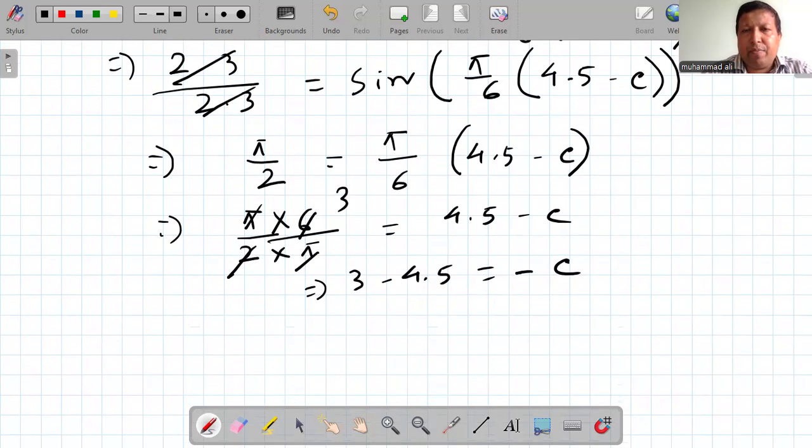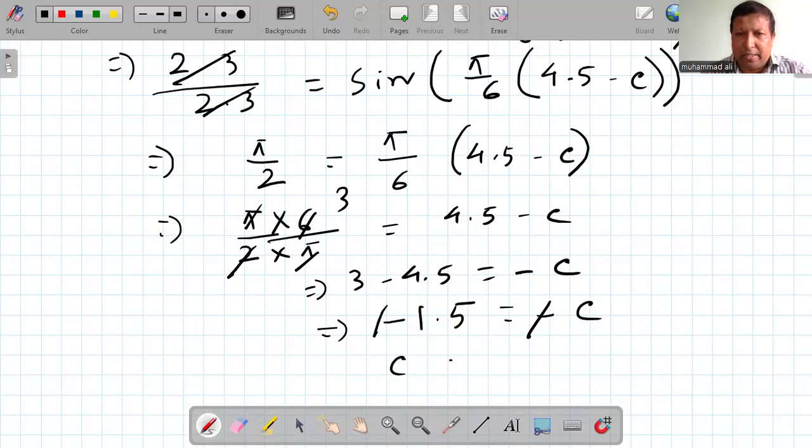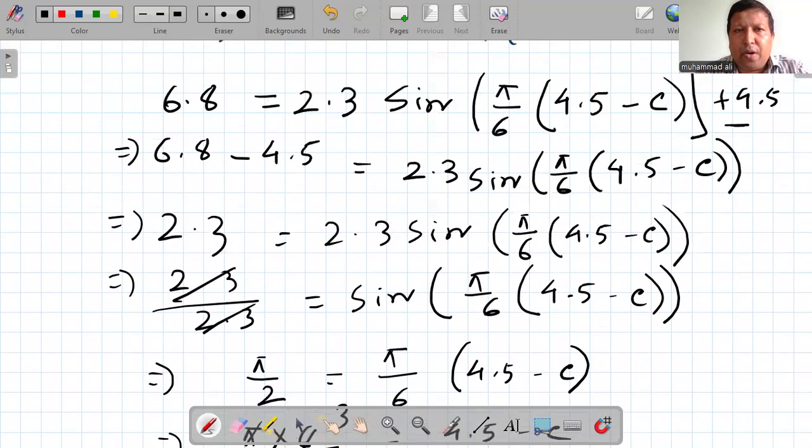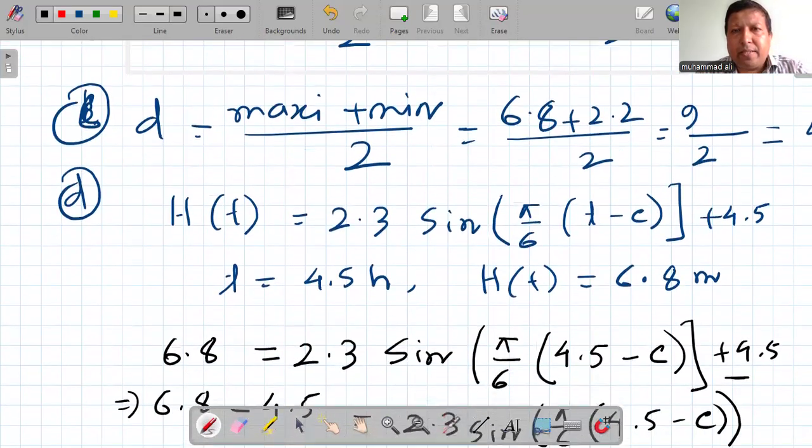So finally, the left side is minus 1.5 equals minus c. The minus signs cancel, c equals 1.5. So c is 1.5. So our part c answer is completed.